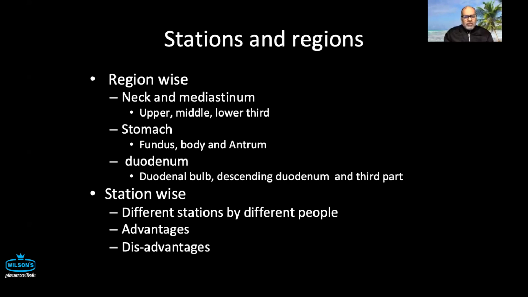So station approach has its advantages and disadvantages. I think for the people who are starting EUS and start learning, it's probably best to master one station, then move on to the other. That helps. So the station approach probably is good if you're initially when you're learning, but those who have already learned them, probably they need to move on to a different approach. And most of us do that.